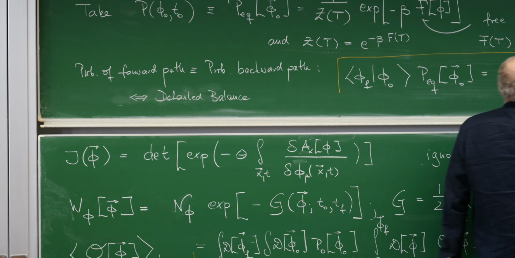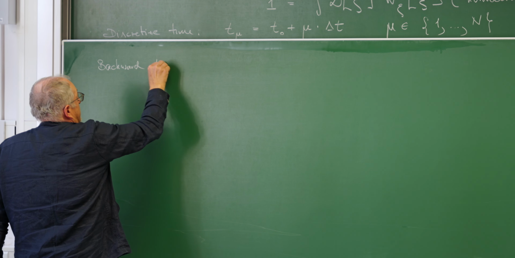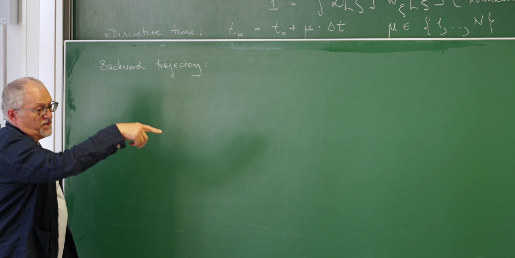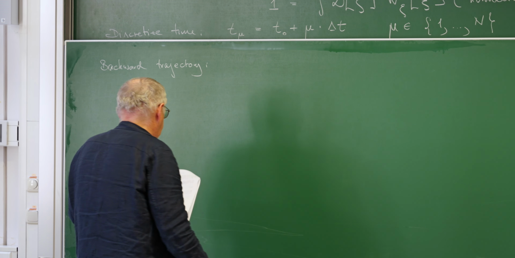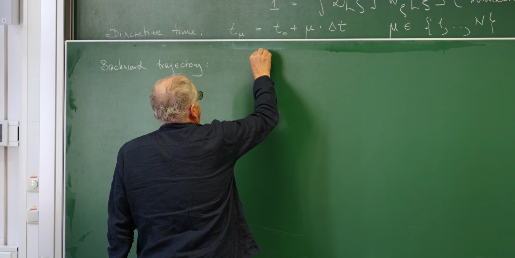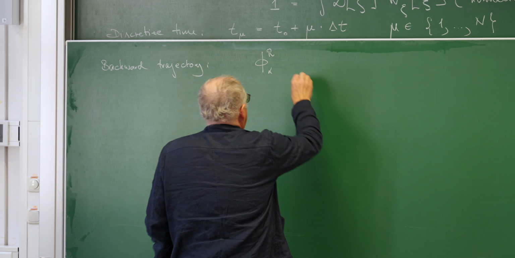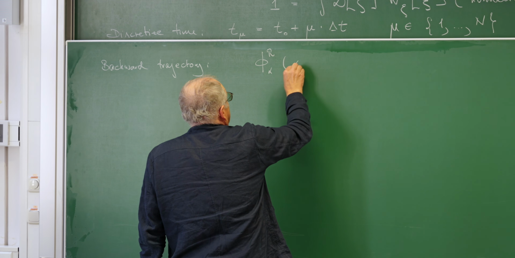Good, now let's focus on doing the calculation. So calculating the backward trajectory. For the backward trajectory, so from the final state to the initial state, I'm going to get there if I reverse the initial forward trajectory.